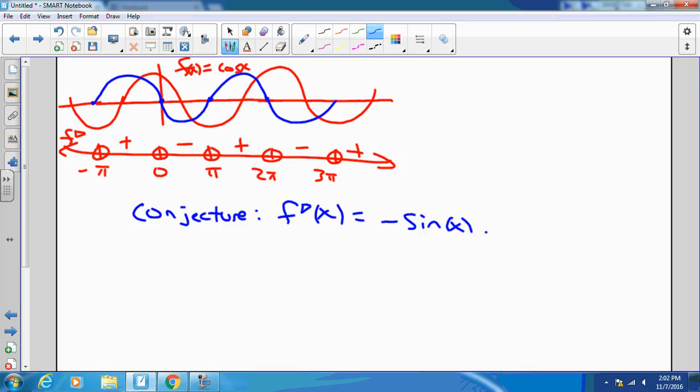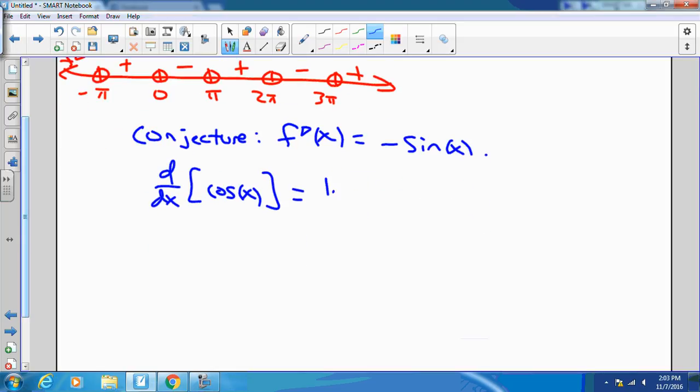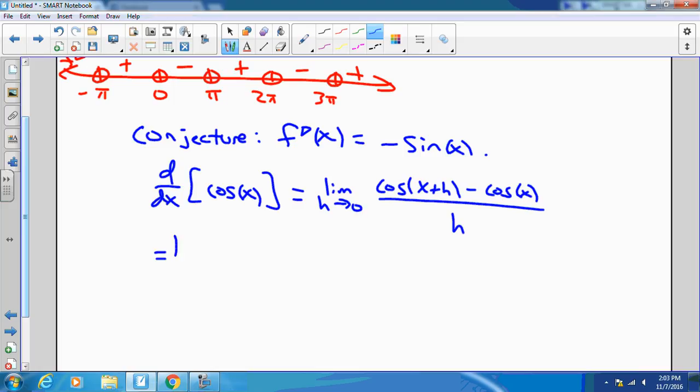All right, let's see. Tony's conjecture is that f prime is equal to negative sin x. Let's see if he's right. Set it up for me. The derivative of cosine x should be equal to? Good. Now we need a little bit of angle addition identity for cosine. What is that?